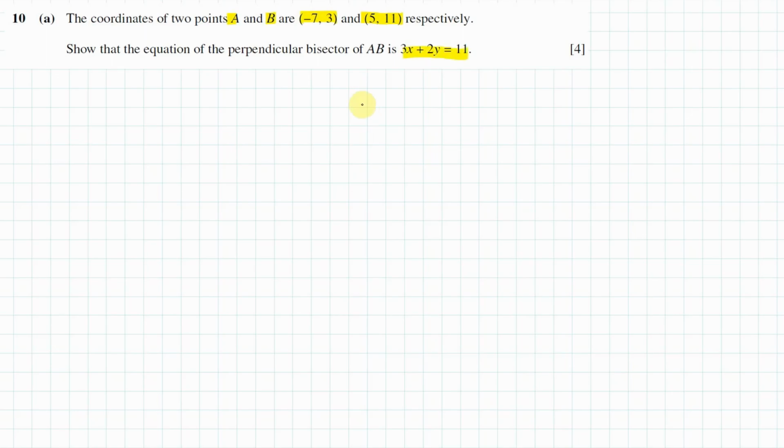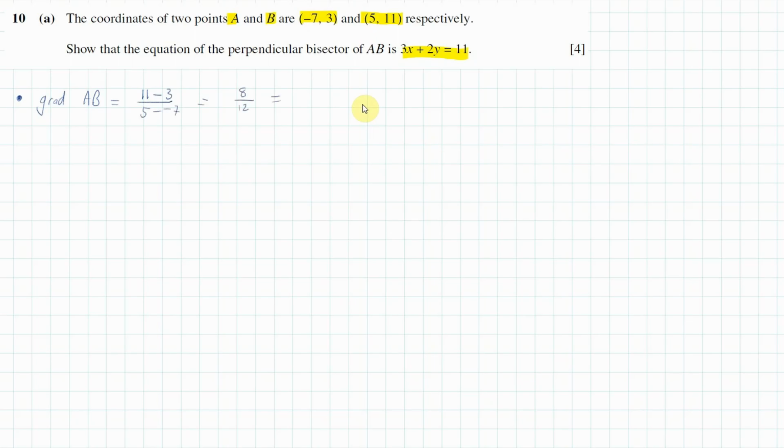So my first step would be to find the gradient. The gradient of AB is the change in y, 11 minus 3, over the change in x, 5 minus -7, which gives us a total of 8 over 12.